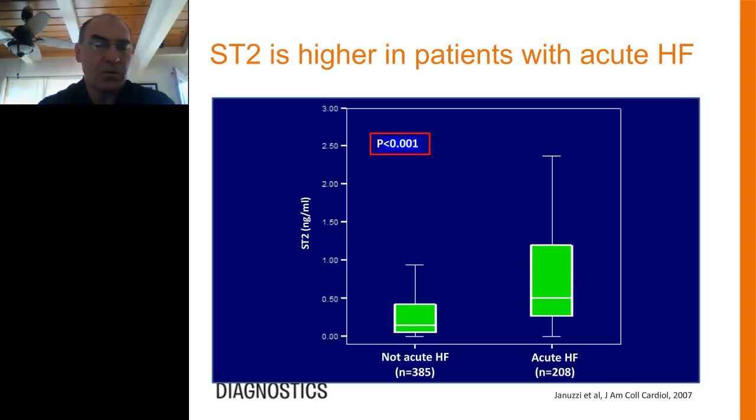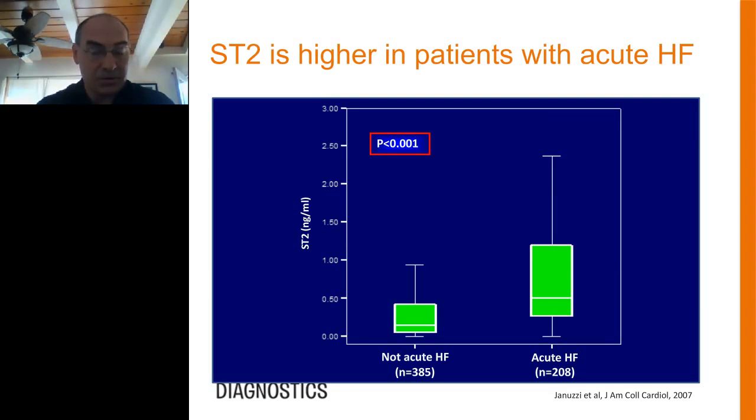So what we're looking at in this box whisker plot is the differential signal or concentrations of ST2 in those patients that have symptoms. They're all sick with something. Again, about 200 of them were diagnosed with acute heart failure, and their ST2 concentrations are higher than those patients who had symptoms but did not have acute heart failure. So just at first pass, this would look like there is a diagnostic differentiation.